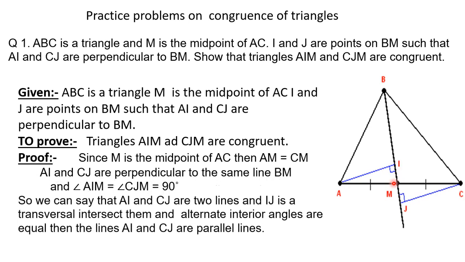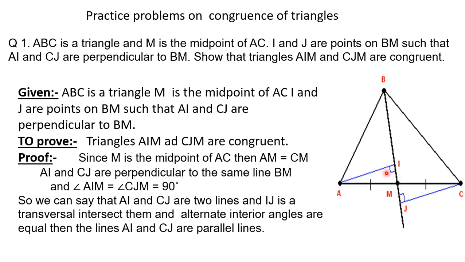Now AI and CJ are two lines, and IJ is the transversal of these two lines, intersecting them at I and J, and we are getting interior angles I and J equal, that is, alternate interior angles are equal.